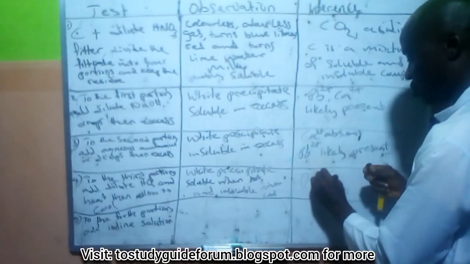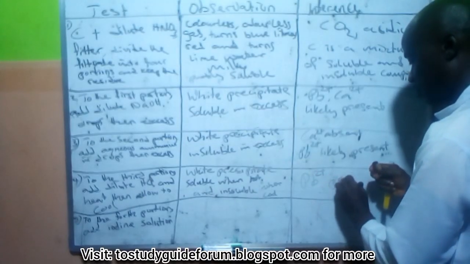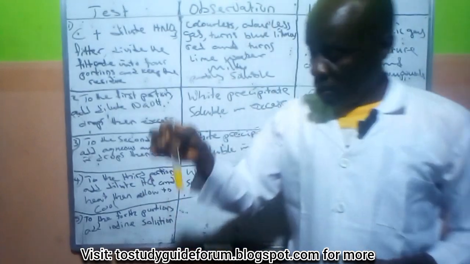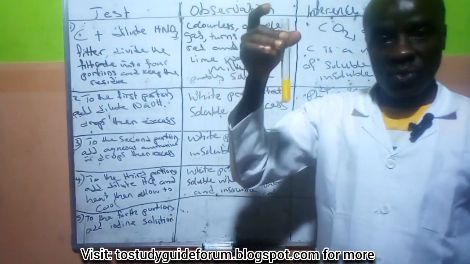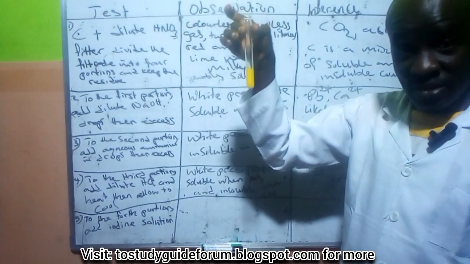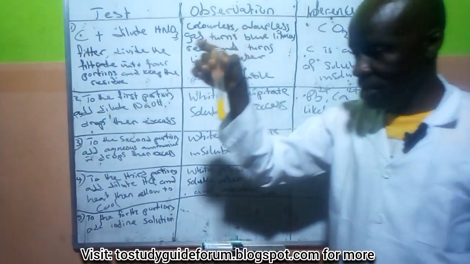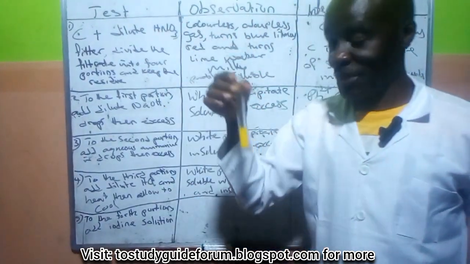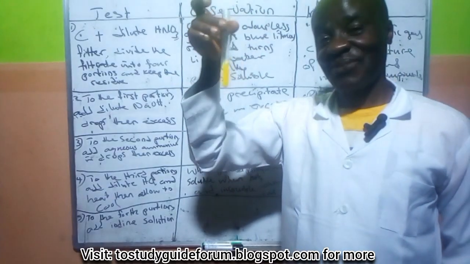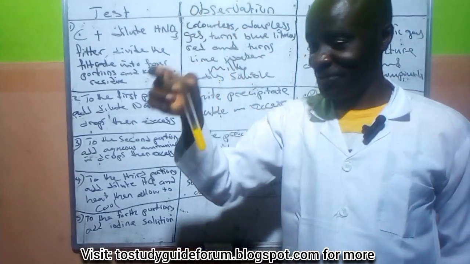Lead 2 ion present. So this is the fourth one we have, and this is one of the confirmatory tests for what? Lead chloride. Yes, lead 2 chloride. What am I saying? Lead ions. Test for what? Lead ion. This is one of the ways of testing for it.